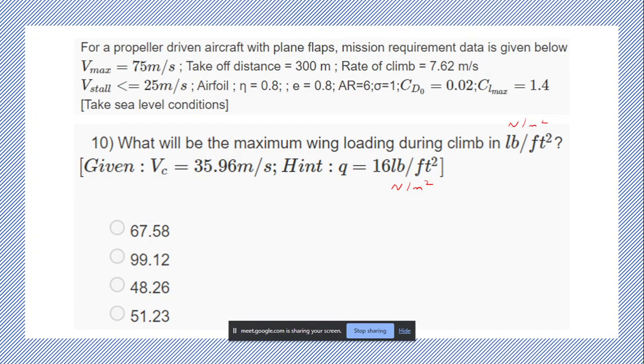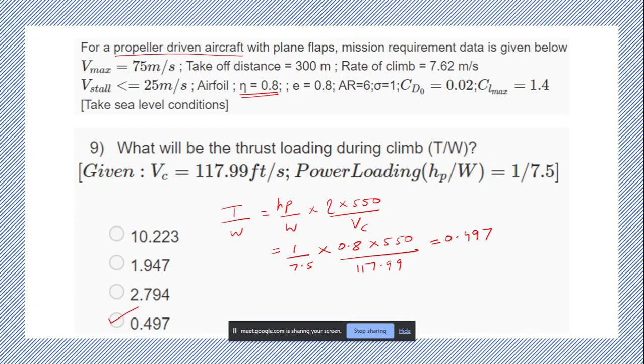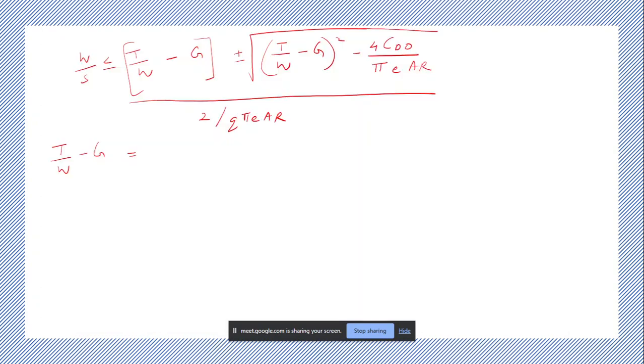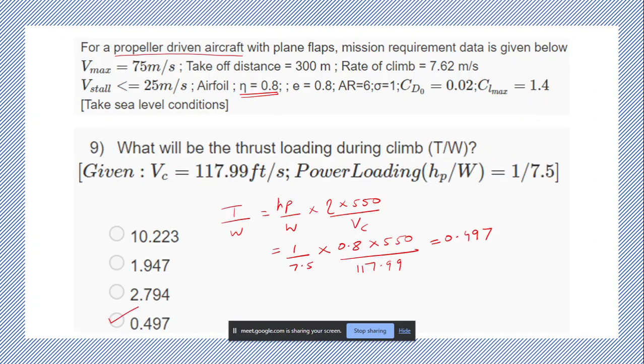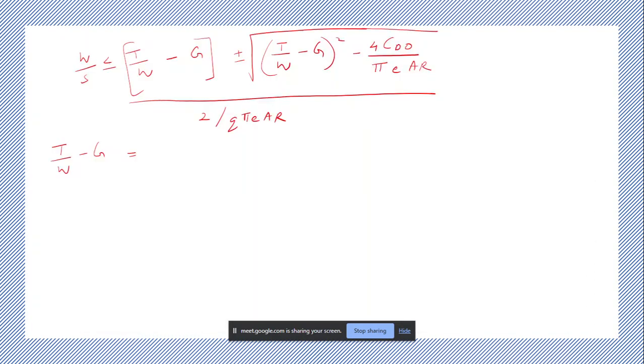What was the equation? The power loading was given by 1 by 7.5. We'll just find out thrust loading separately.